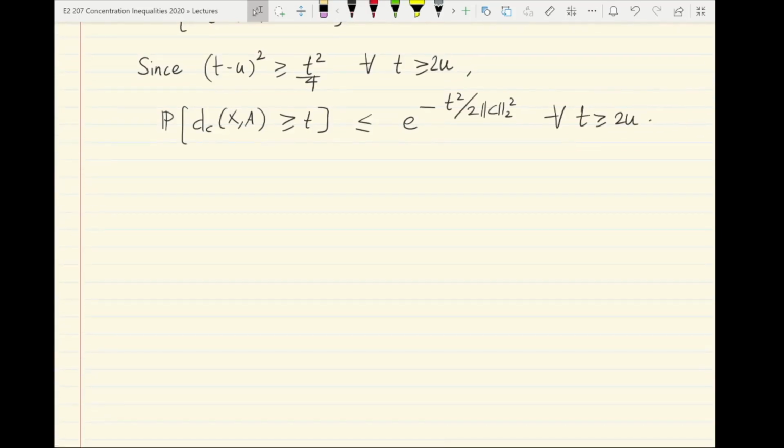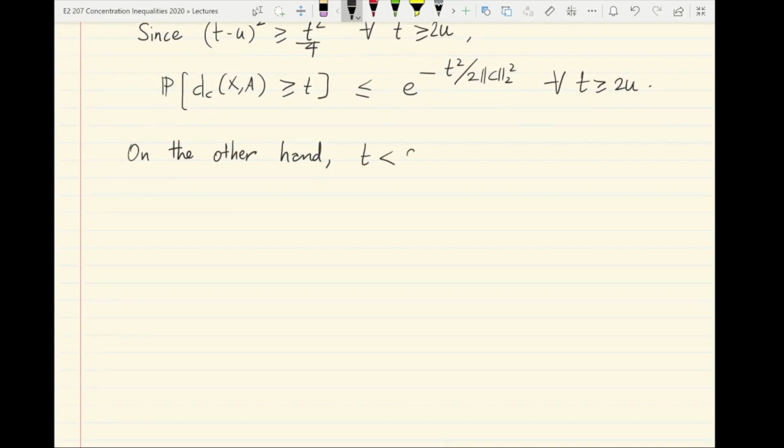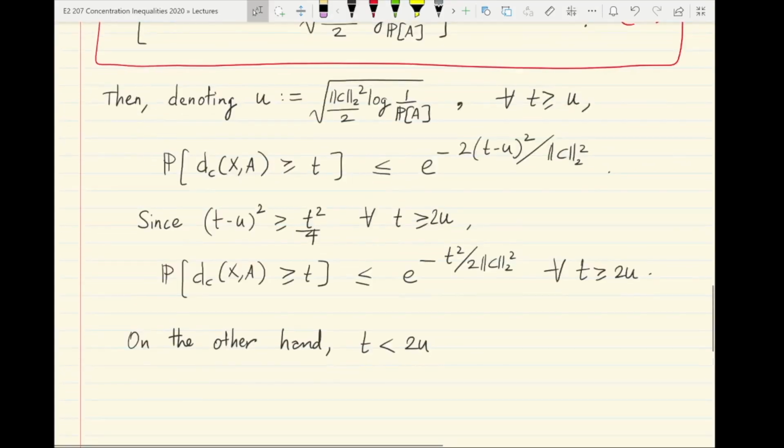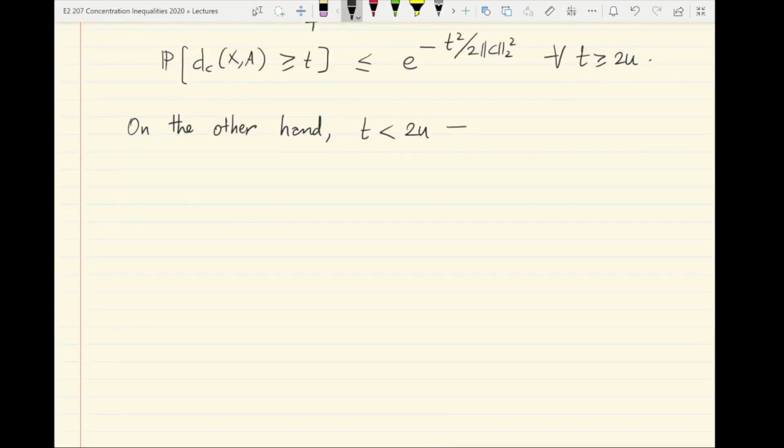Now on the other hand, if t is less than 2u, then by the definition of u here, this is equivalent to the fact that the probability of A is at most e to the minus t square by 2 norm c square.